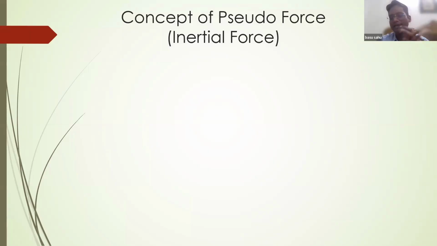Sir, inertia is a very obsolete concept. It was initially put forward by Newton for some reason, but after that there were lots of problems with the definition of inertia. Now the concept has become completely obsolete. We cannot use inertia kind of thing. I can take a separate class on that.